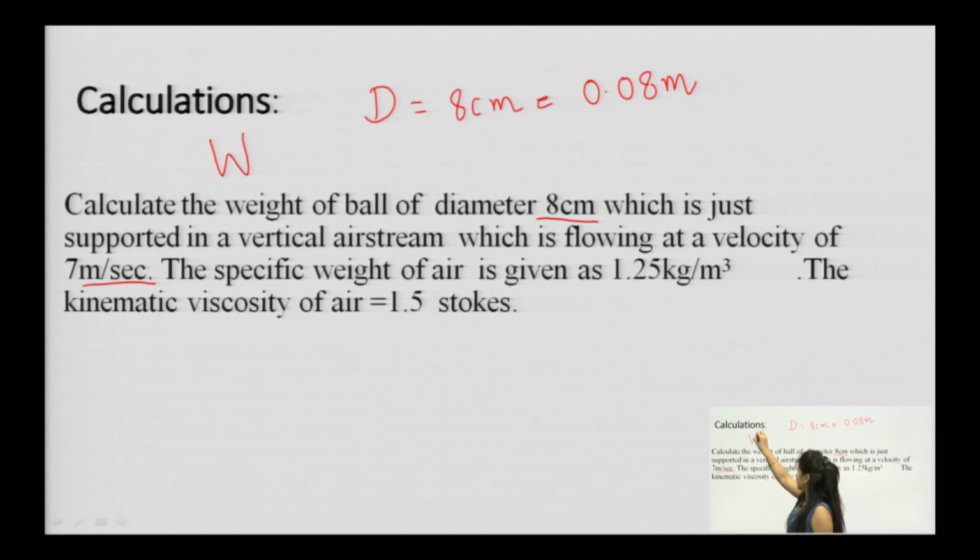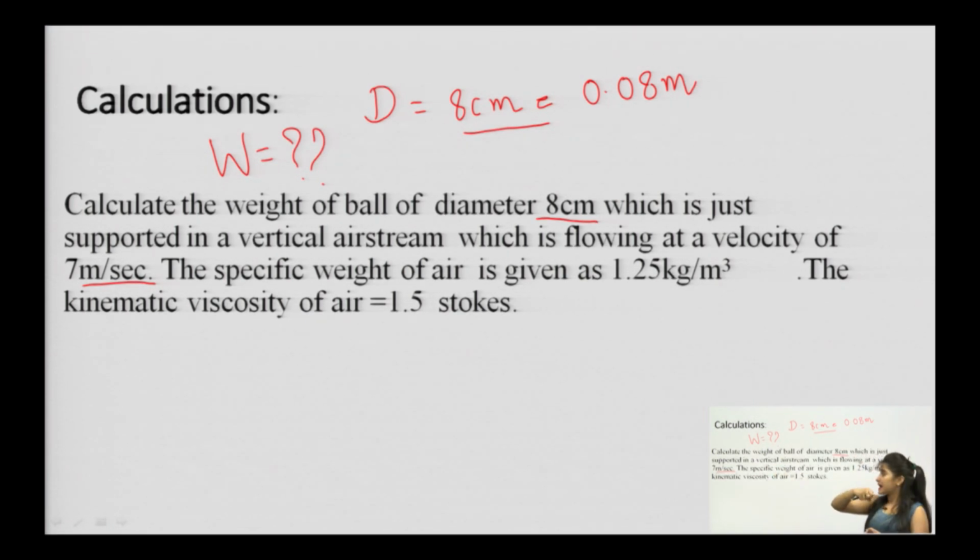That is, what is the weight W when this ball, having a diameter of 8 centimeter, is just supported in a vertical air stream moving at a velocity of 7 meters per second, and the specific weight of air is given as 1.25 kg per meter cube.